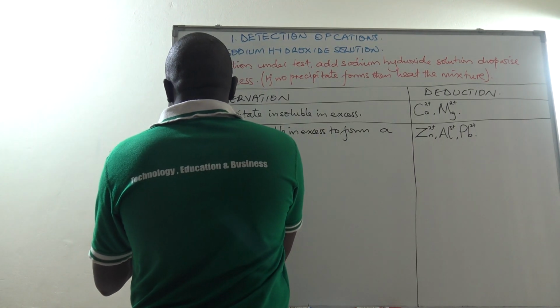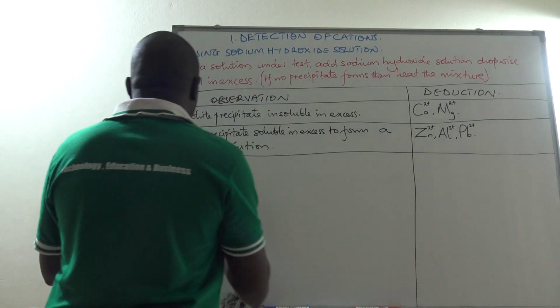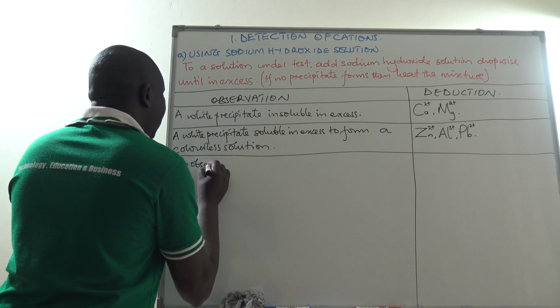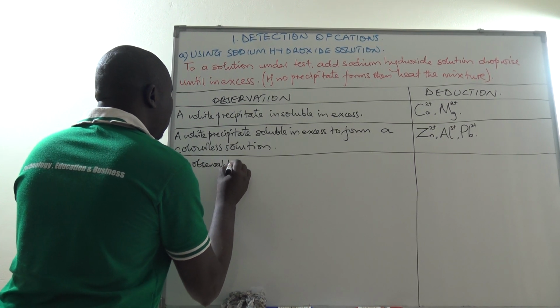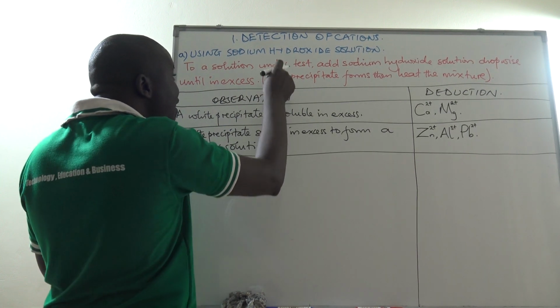Now let us proceed to another observation. If we have got no observable change. So where are we? We are here.